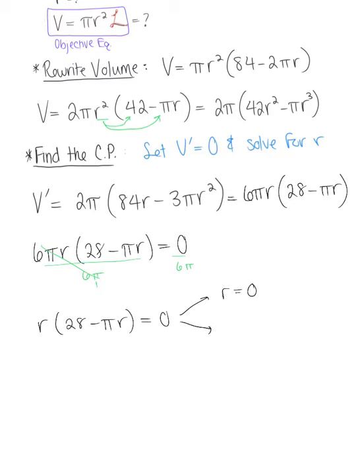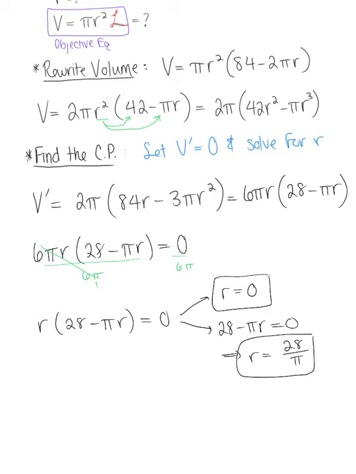And applying the zero factor property, we have our two cases. R is equal to 0. And then we have 28 minus pi r is equal to 0, which we can simplify to the radius being equal to 28 divided by pi. So we have two possible solutions here. However, looking at this, we can disregard our first one. We cannot have 0 dimensions.